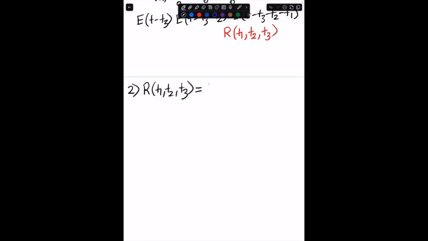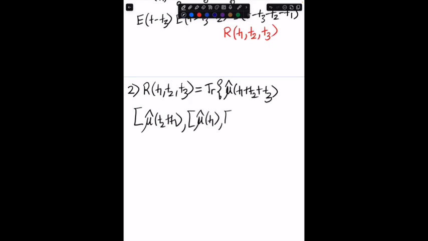is given by the trace of the dipole operator at T1 plus T2 plus T3 along with the commutator, or nested commutator, which contains three dipole operators, which are at times T2 plus T1, T1, and 0.